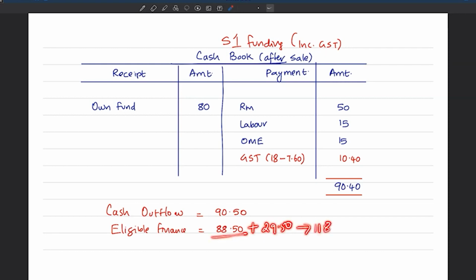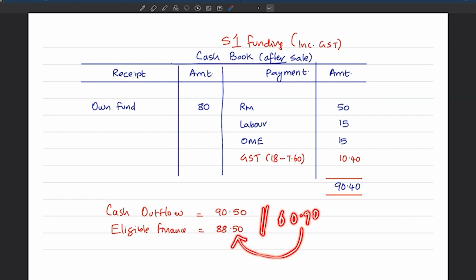And his outflows are only 90.4. So 90.4 minus 29.5, the gap works out to 60.90, and he's been funded with 88.5.